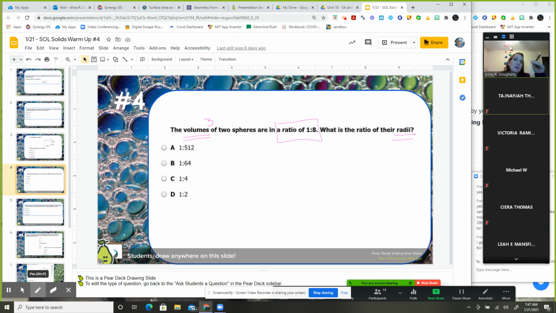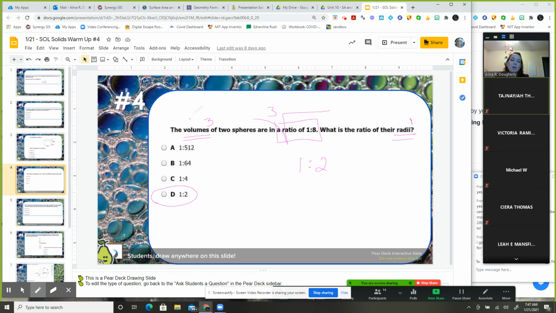Is radius centimeters, centimeters squared, or centimeters cubed? It's just centimeters, right? So I'm going to take the thing that I'm given and take the cube root of it. Okay? So if you take the cube root of 1, you get 1, and you take the cube root of 8, you get 2.